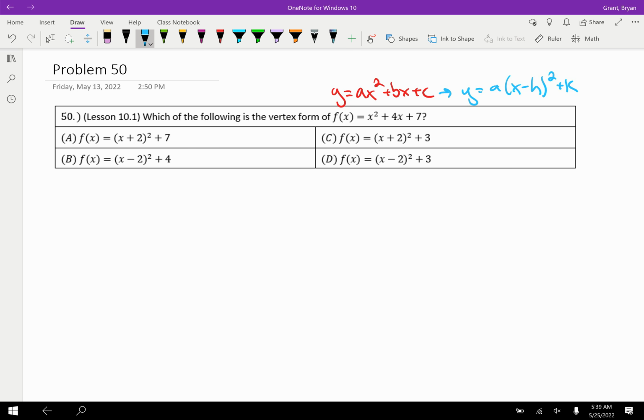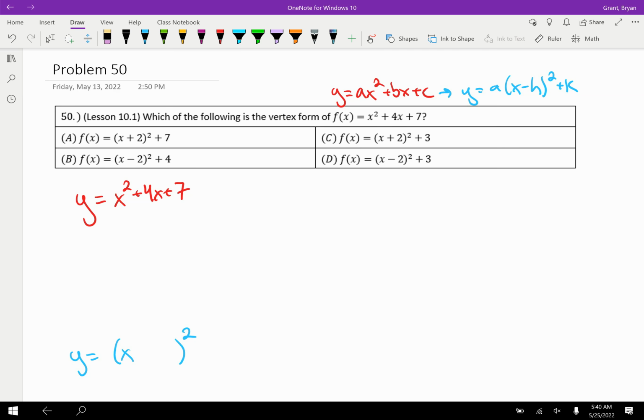So the first way you can do this is by kind of a guess and check sort of method. We start with the fact that we have x squared plus 4x plus 7, and we know we want to end up with something with an x, something with a square. There's just a 1 in front, so I don't need to put the 1 in front of the parentheses. The inside of this, x and something, squared, is the part that's going to take care of the x squared plus 4x.